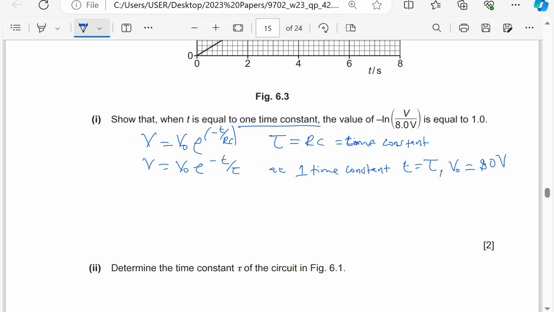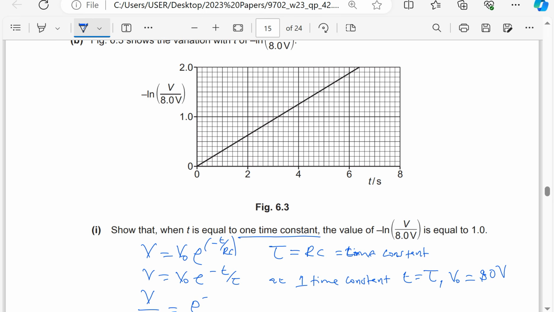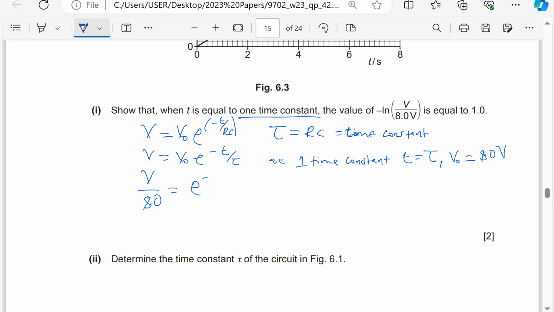Okay, let's now just substitute in the equation. The V is not known, but the initial V is 8.0. This is going to be equal to e to the power negative t over tau. At 1 time constant, t is going to be tau, so this is going to be e to the power negative 1.